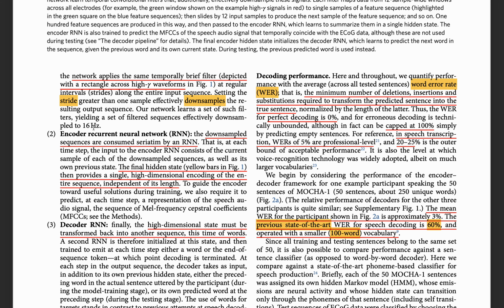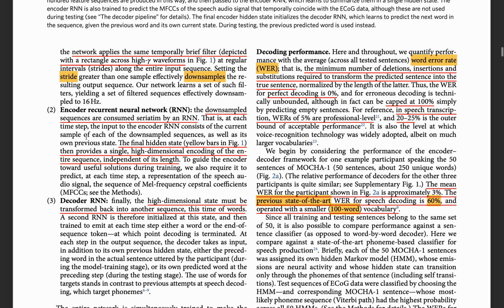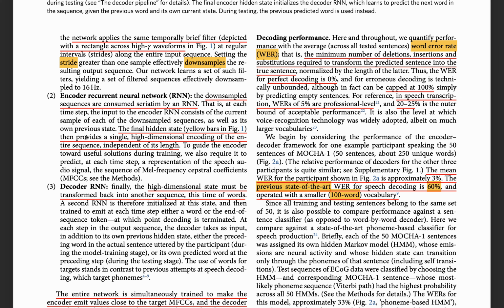Then that information is provided to the encoder part. The encoder part takes this information and creates a representation. And one additional task at this stage is that the researchers also guide this encoder to predict the mel frequency cepstral coefficients, MFCCs, which essentially represent the speech in a machine understandable format.